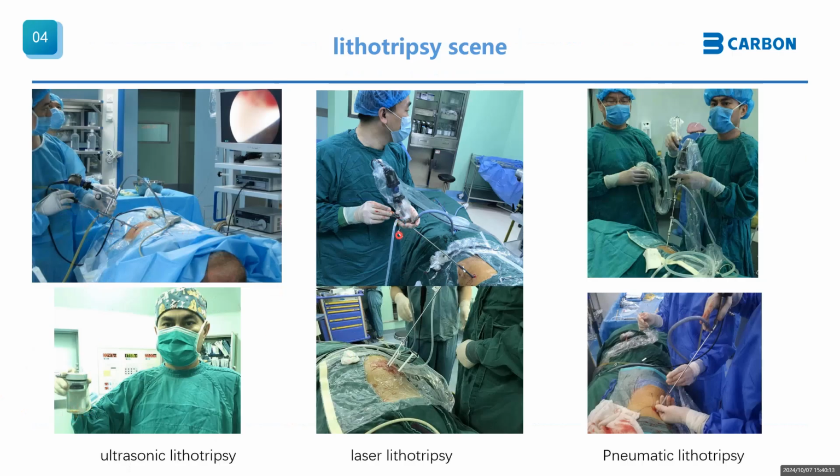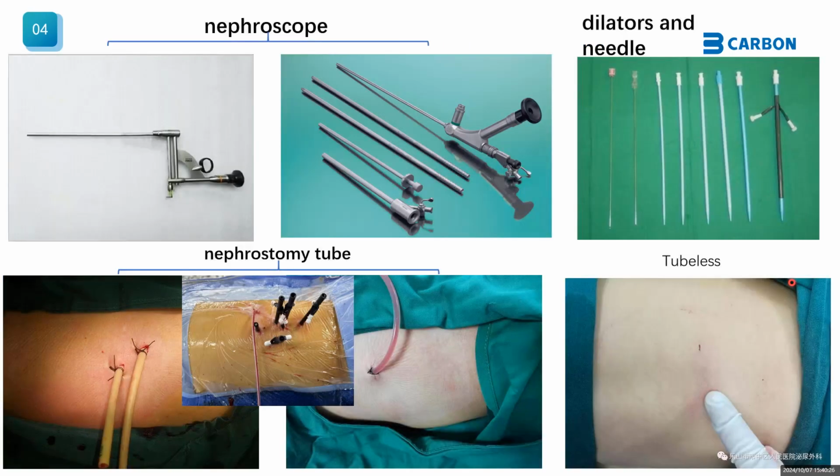This is the holmium laser lithotripsy. This is the pneumatic lithotripsy, also very popular in clinic. These are different kinds of nephroscope, and then this is a needle and the dilators.